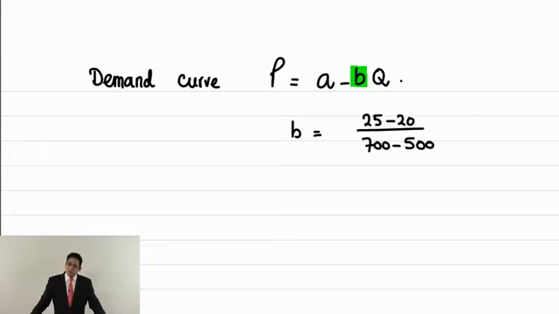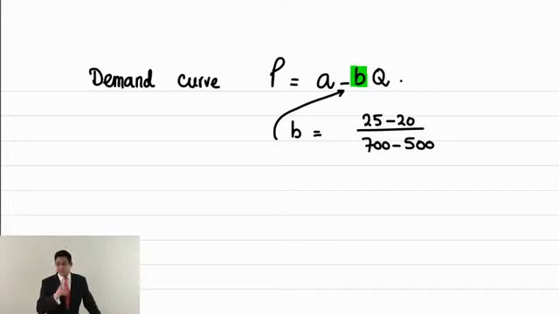So please don't put them as 500 minus 700. Otherwise you will get a value of B as negative, and if you substitute this in the equation, with two negative signs, what happens to two negative signs? They end up being positive.